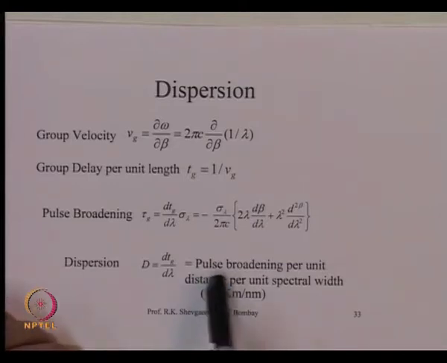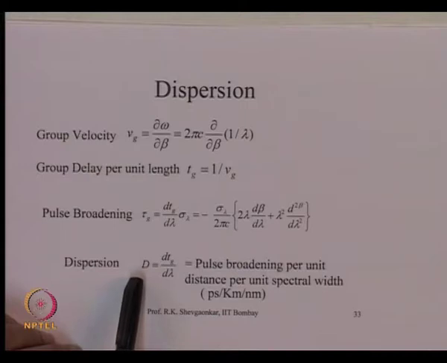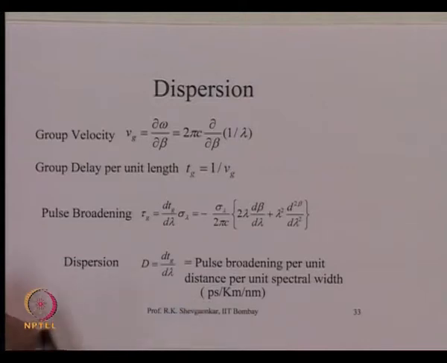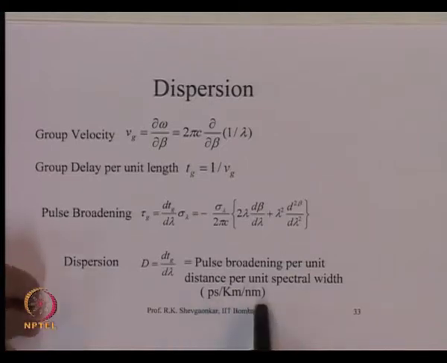You can see from here that the unit for dispersion would be pulse broadening, which normally is measured in picoseconds, per unit distance, so you have per kilometer, and per unit spectral width of the source, which is nanometer. So for the dispersion, we have a unit of picosecond per kilometer per nanometer of the spectral width of the carrier.